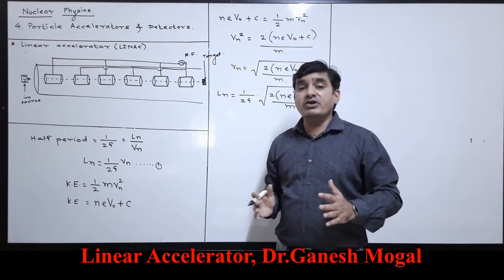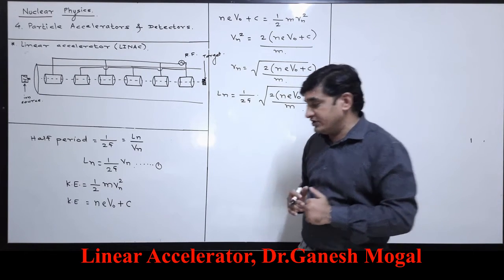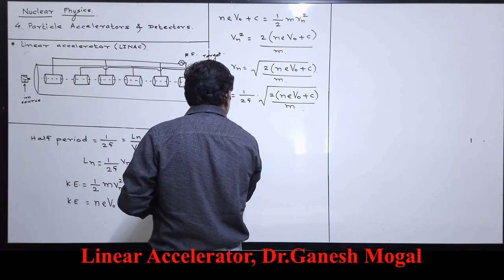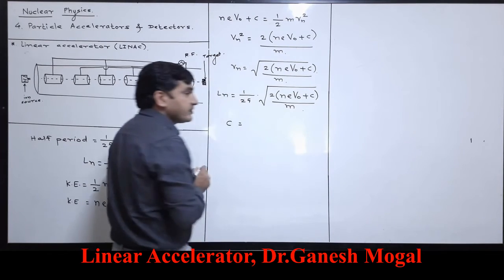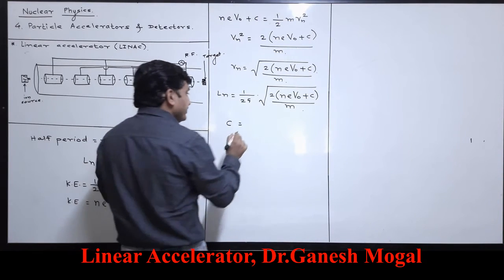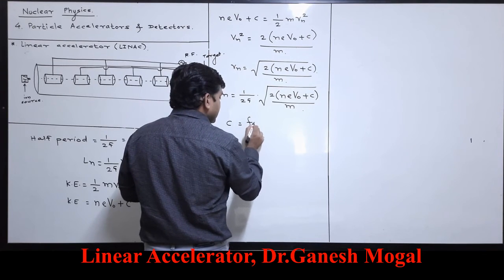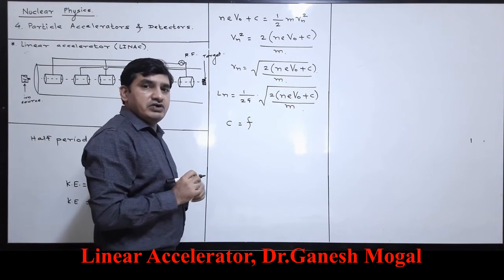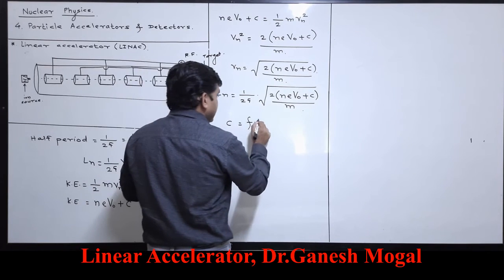We know the relation between velocity, frequency and wavelength: if c is the velocity and f is the frequency, c is equal to f into lambda.